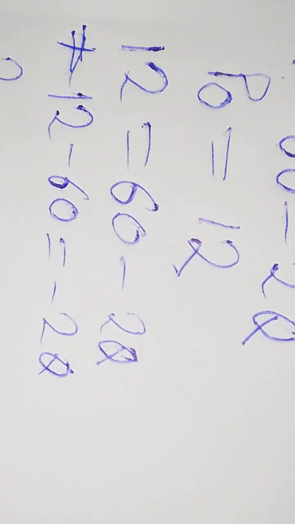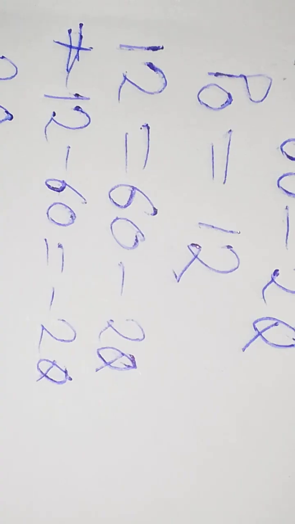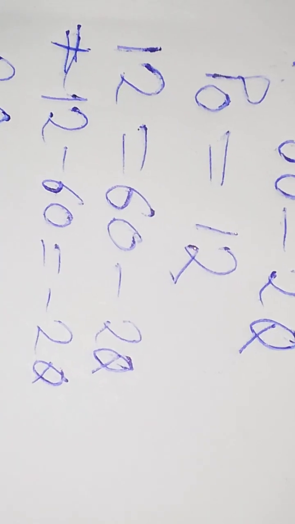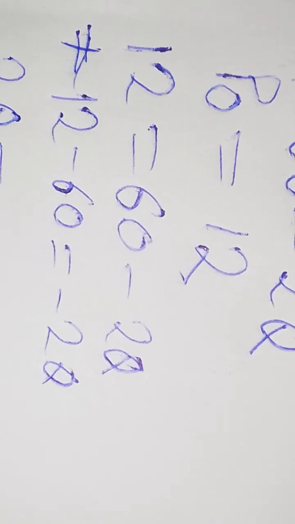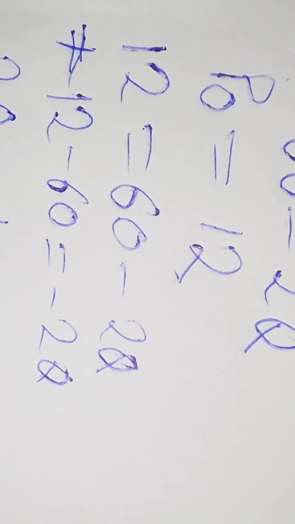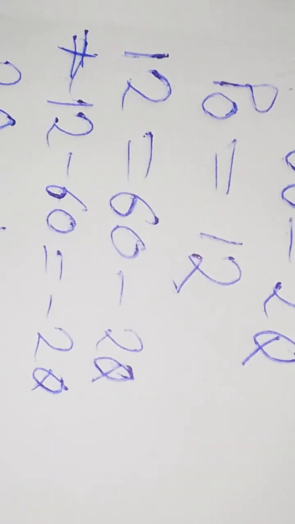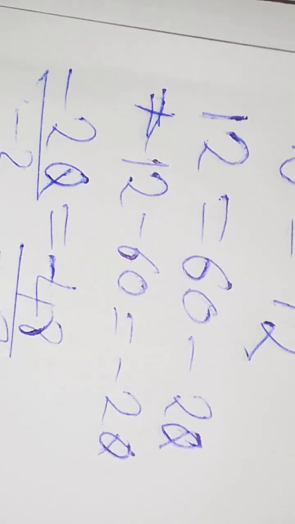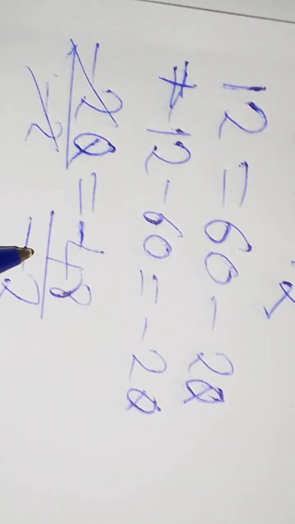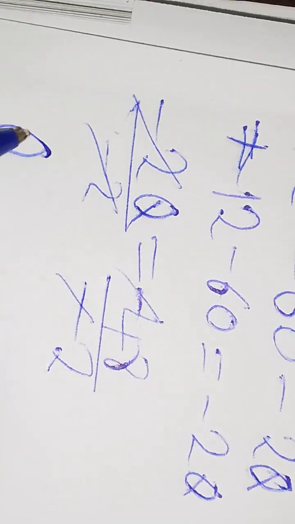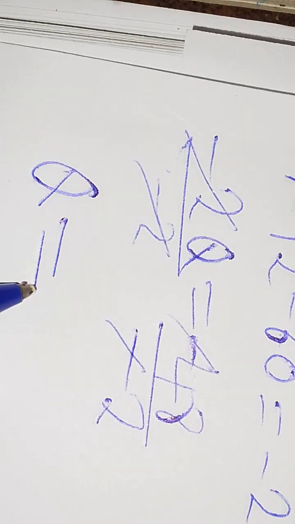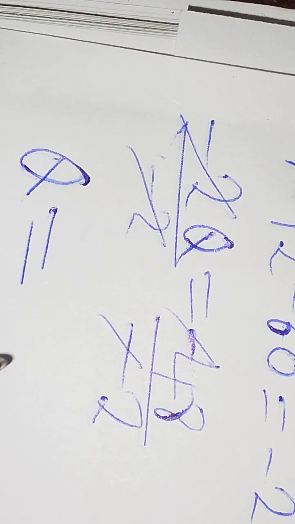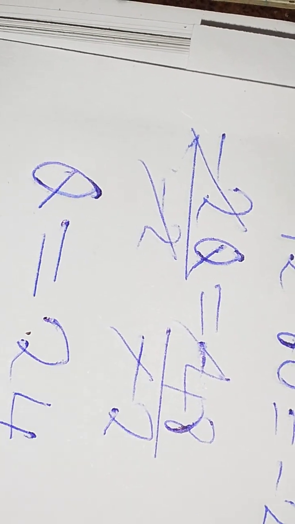What's 12 minus 60? We get negative 48 over negative 2. The negatives cancel, so our quantity is equal to 48 over 2, which is 24.